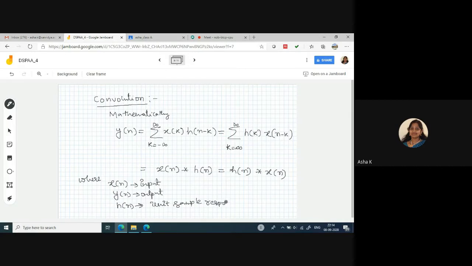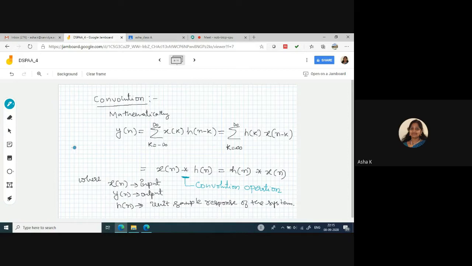It is also called the impulse response of the system. This particular symbol is used to represent the convolution operation. You can also call it a convolution operator. The above equation is used to compute the time domain response of a system to an arbitrary input sequence.